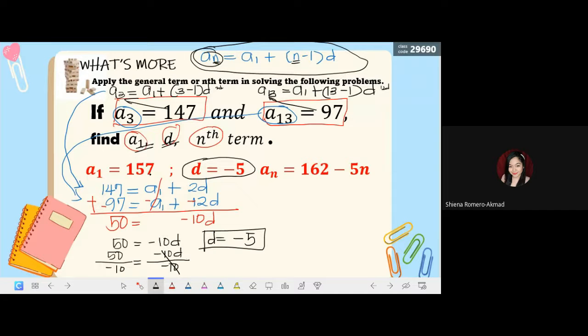And para magawa natin yon, what you can do is to get either yung kahit isa dito sa dalawang to. Pero remember na kung ano yung sign niya dati, so disregard natin yan. Yung sign niya nung una, yun yung gagawin natin.